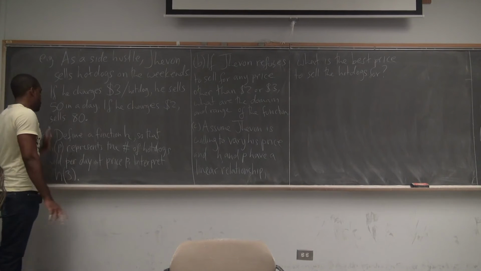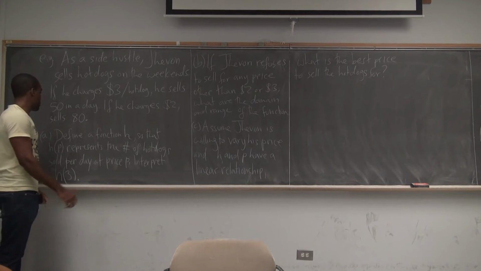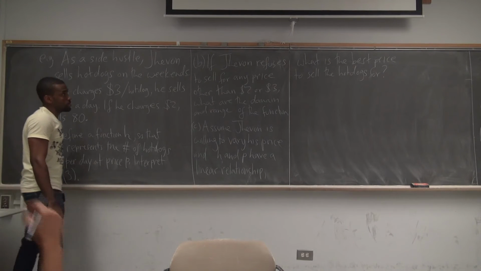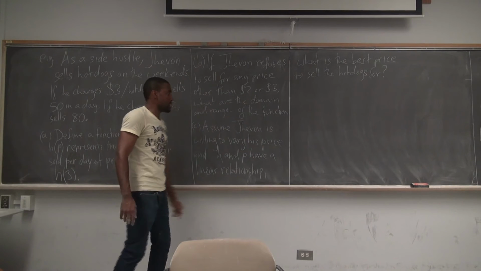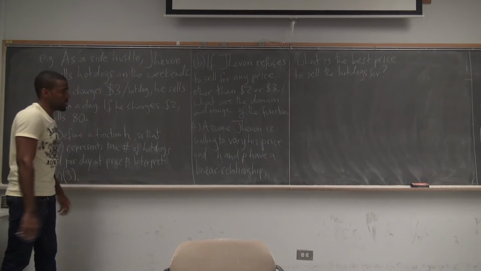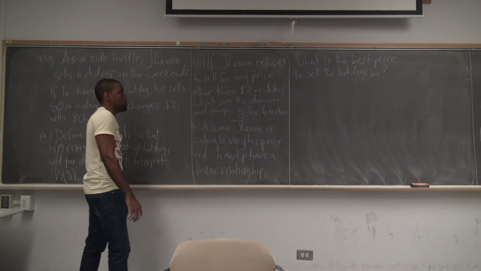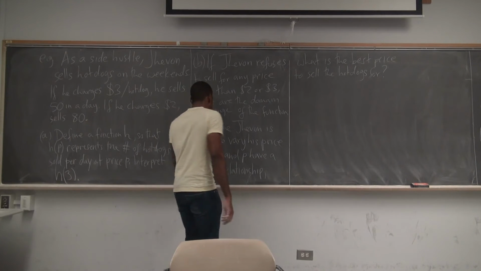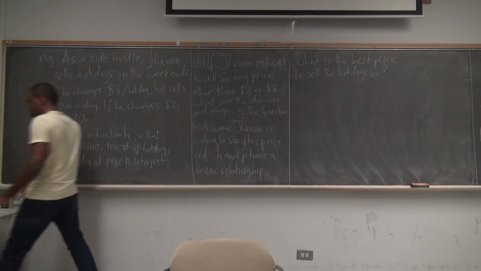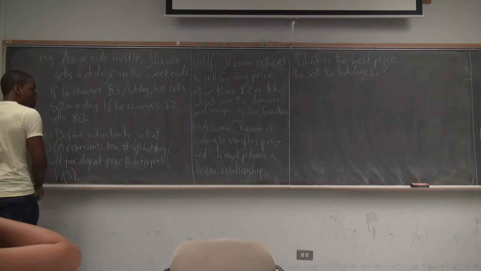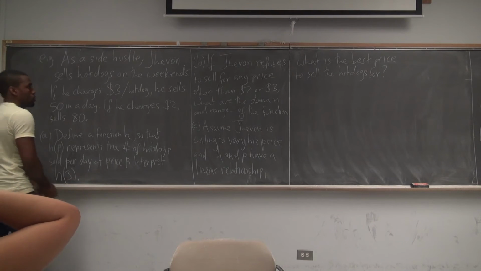So now we're going to define a function to talk about this, right? And I want to interpret this particular value. Assuming that these are the only two prices I'll sell hot dogs for, what's the domain and range of this function? And of course, here's the real thing I want to know. What's the best price to actually charge? What price should I sell the hot dogs for? Should it be $2? Should it be $3? Should it be something else? What do you guys think?